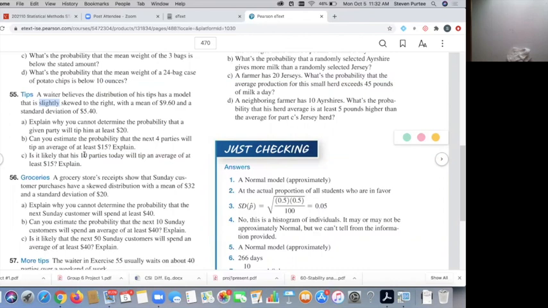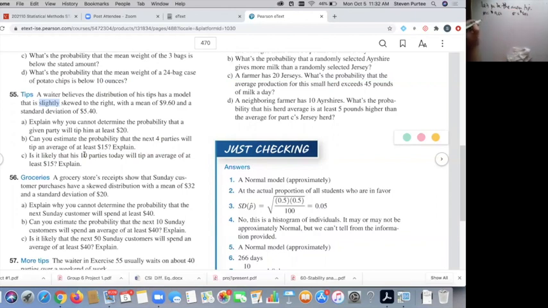Let's do part C. The first thing we're going to write down is let mu be the mean tip this waiter gets. He thinks it's 9.60, with a standard deviation sigma of 5.40.